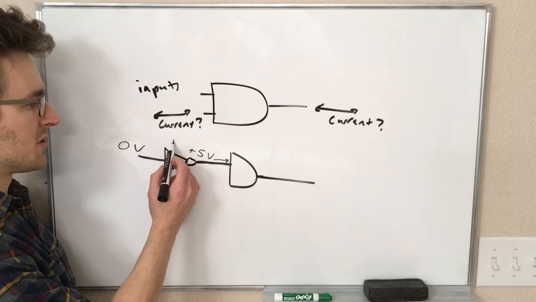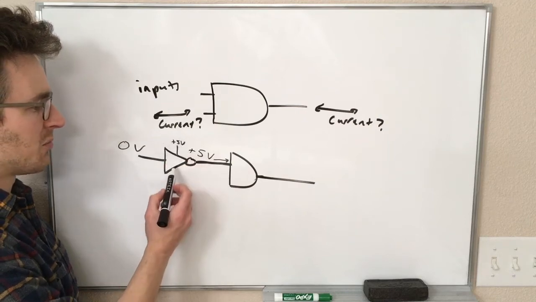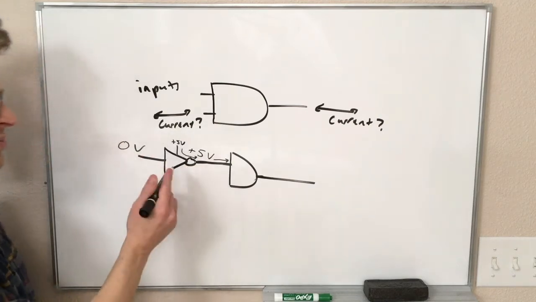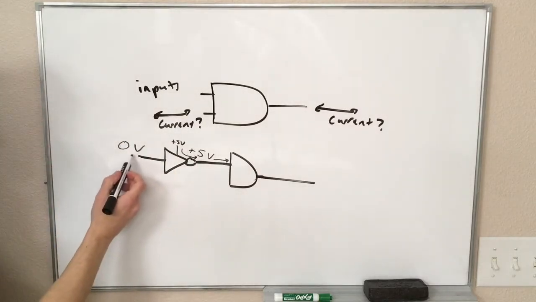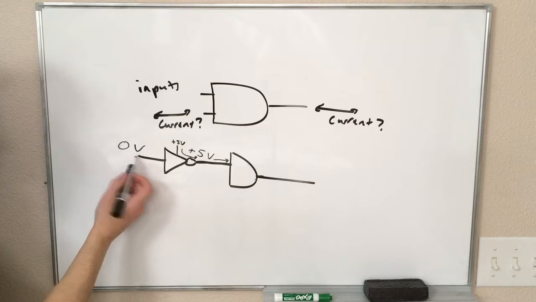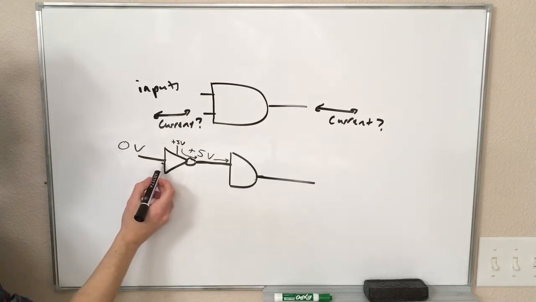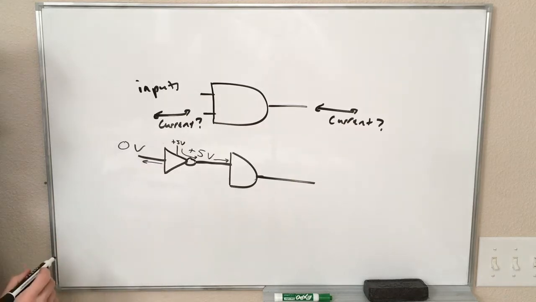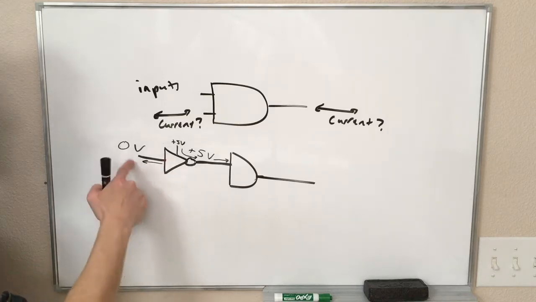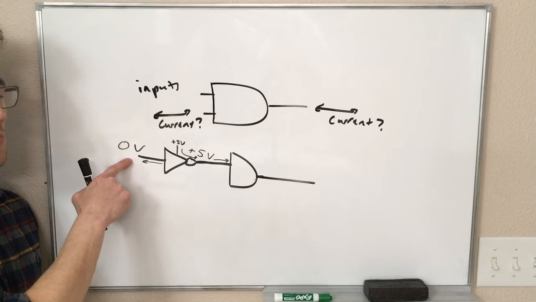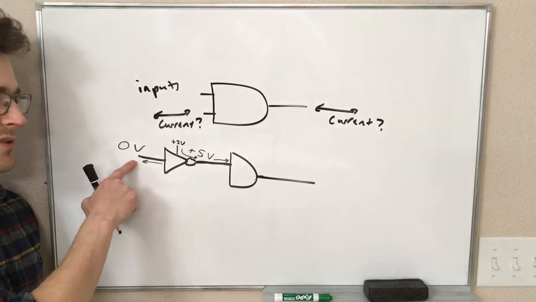So there's an implicit plus 5 volt power supply connected to this, and that's going to have to be supplying current through the gate into this next one. To keep this at 0 volts, it is often the case that we will have to have current flowing out of this, whatever is making this be at 0 volts has to sink some amount of current.